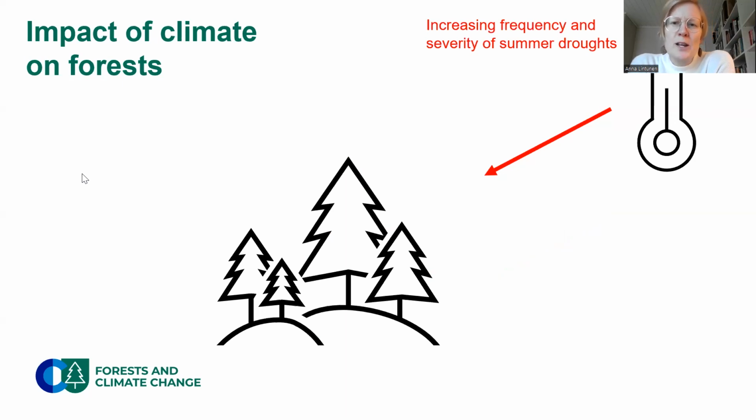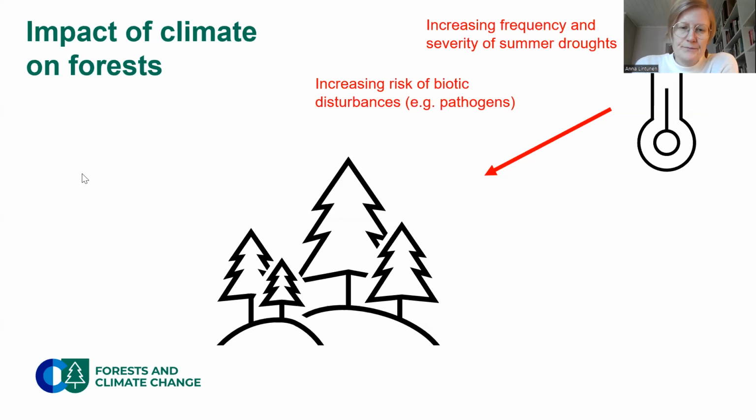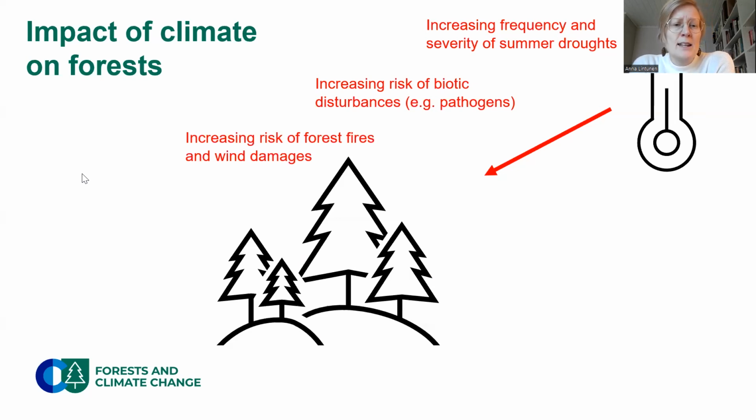Increasing frequency and severity of summer droughts is decreasing forest growth. It's even producing mortality of forests in many parts of the globe. Warming climate also increases the risk of biotic disturbances such as pathogens and insects, and it increases the risk of forest fires and wind damages.